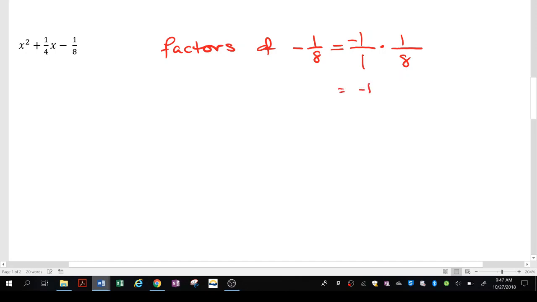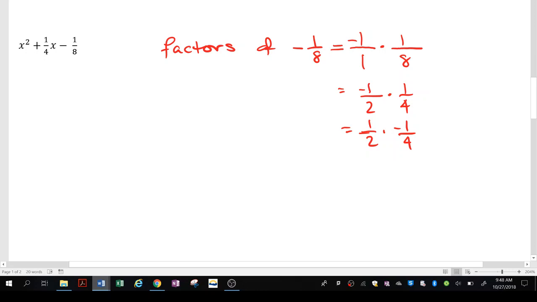Now, we could also have 1/2 times 1/4. Or we could have positive 1/2 times negative 1/4.